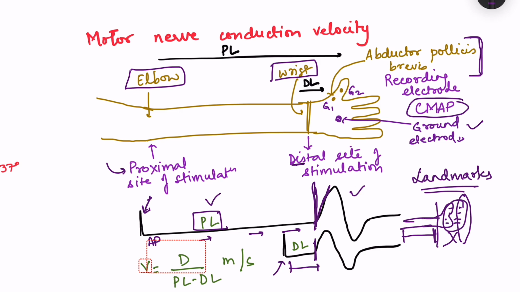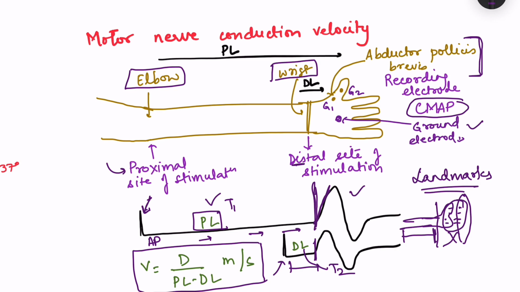Determine the proximal latency, that is time 1, and also determine the distal latency, that is time 2. Now, we use one formula, that is nerve conduction velocity is equal to D upon proximal latency minus distal latency, which will give us the nerve conduction velocity in meters per second. So, what is this D?